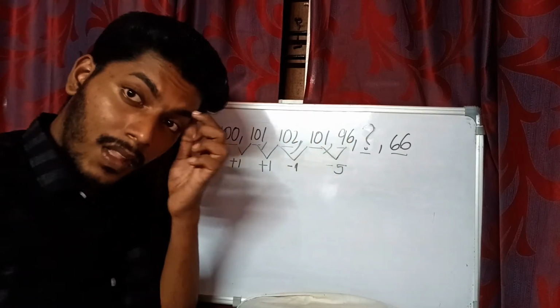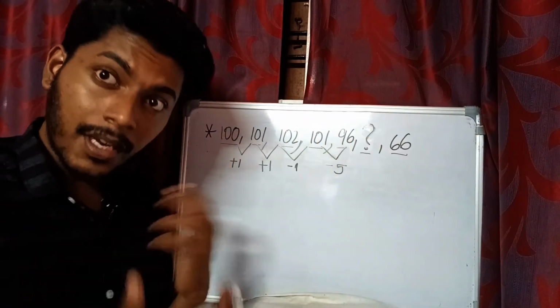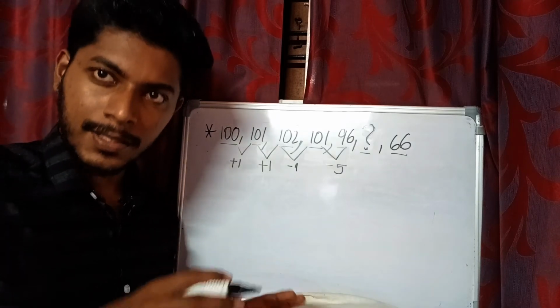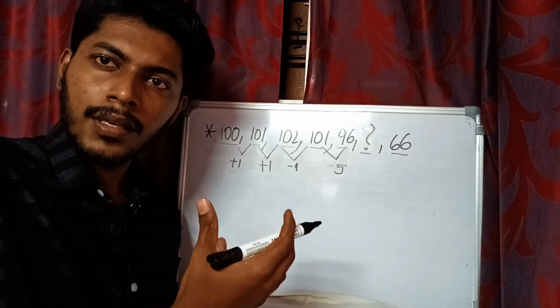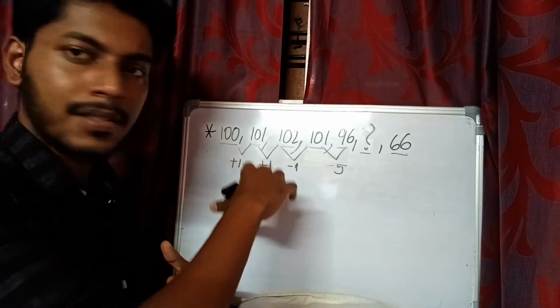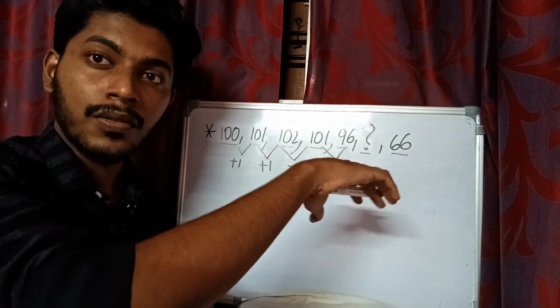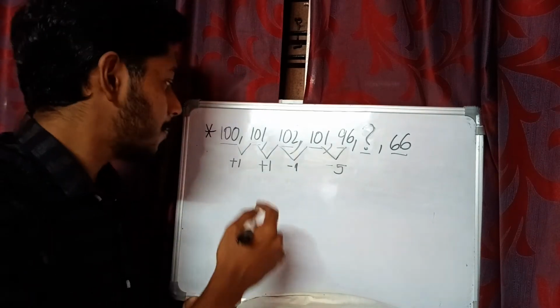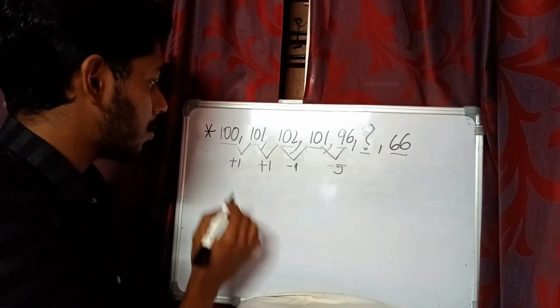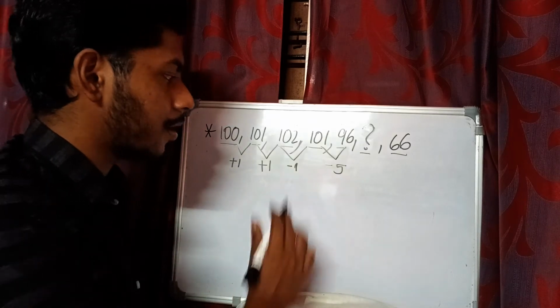It's very confusing. I'm not saying it's simple. You cannot get how the series is going. That trick is very essential. So plus 1, plus 1, minus 1, minus 5.